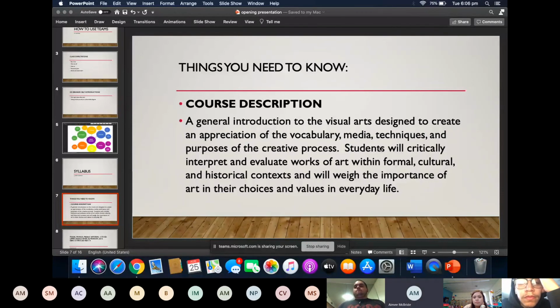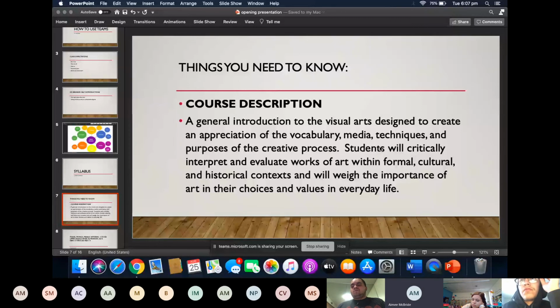And you, as students, are going to critically interpret and evaluate those works of art within a formal, cultural, and historical context. What that means is that by the end of this class, you are going to understand what the art is made of, how they made it, why they made it, and how that relates to the time period it was created in, or at least have a general understanding of those things.